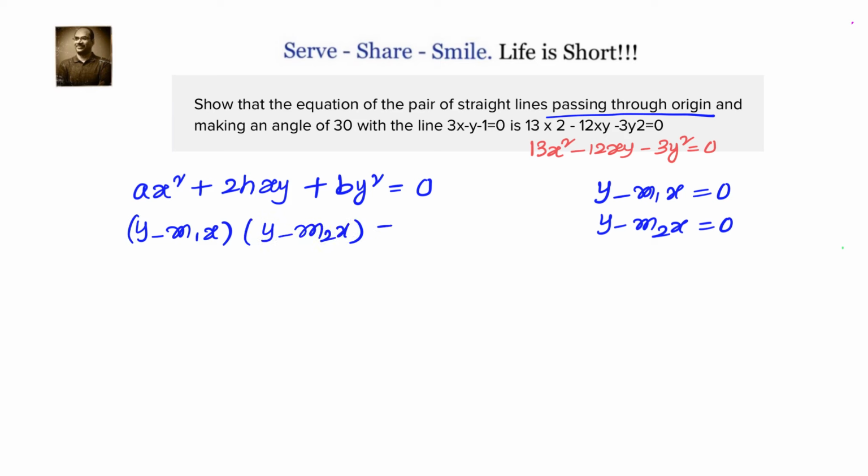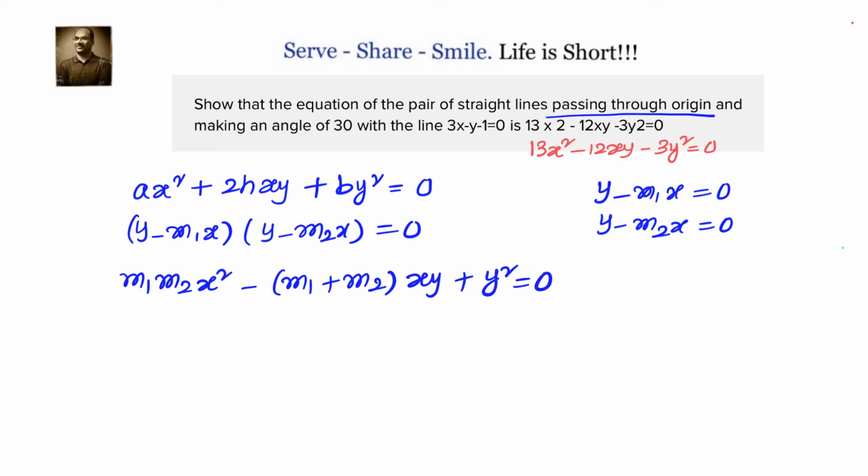So let us multiply y minus m1x and y minus m2x. We will have m1 m2 x square minus of m1 plus m2 into xy plus y square equals 0.